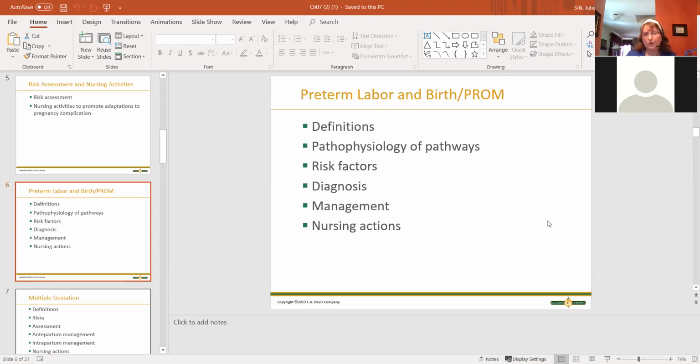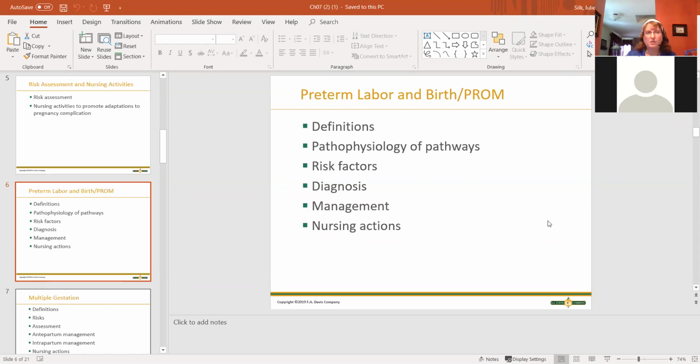Of course, risky behaviors could cause you to go into preterm labor. Spontaneous preterm labor and birth can result from several things too, like infection and inflammation. Obviously, we don't want someone to go into labor too early. Viability of a fetus is about 25 weeks.